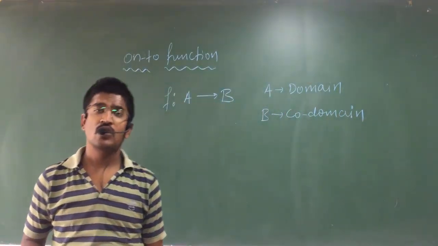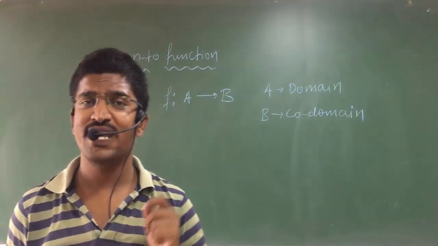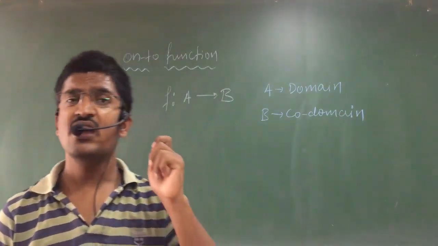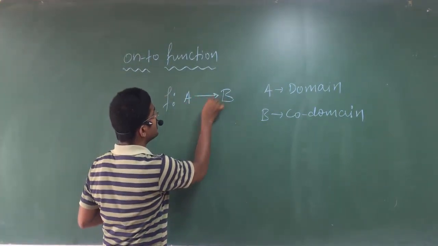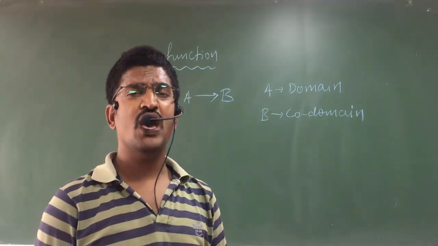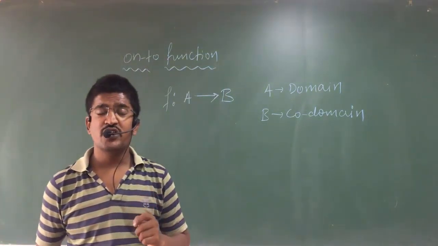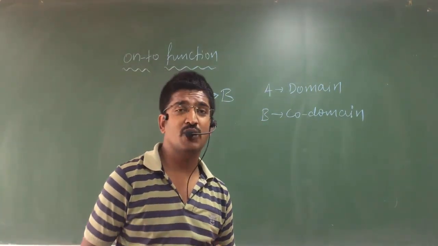Clear? So from domain to codomain, you are going to have a relation which is a function. From A to B, you have a relation which is a function. Now we are going to check whether that function is onto or not. Are you getting my point?